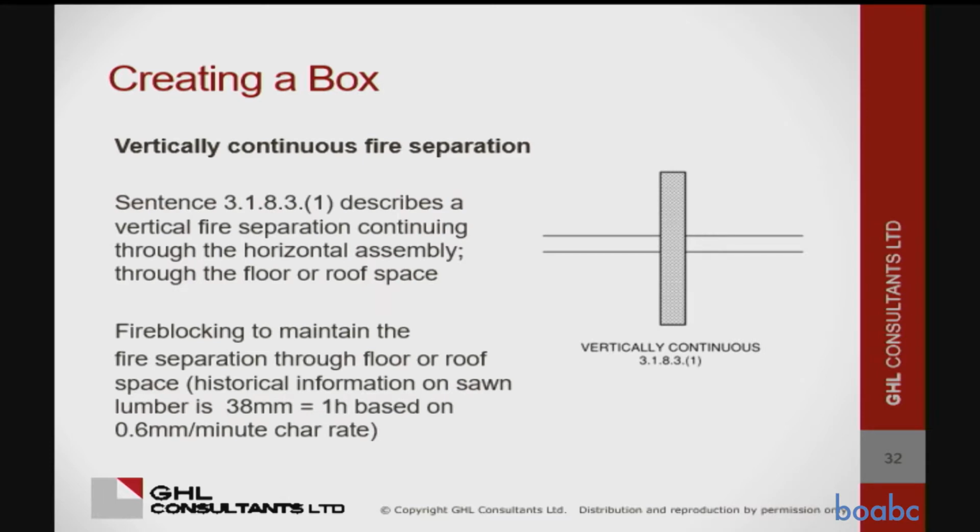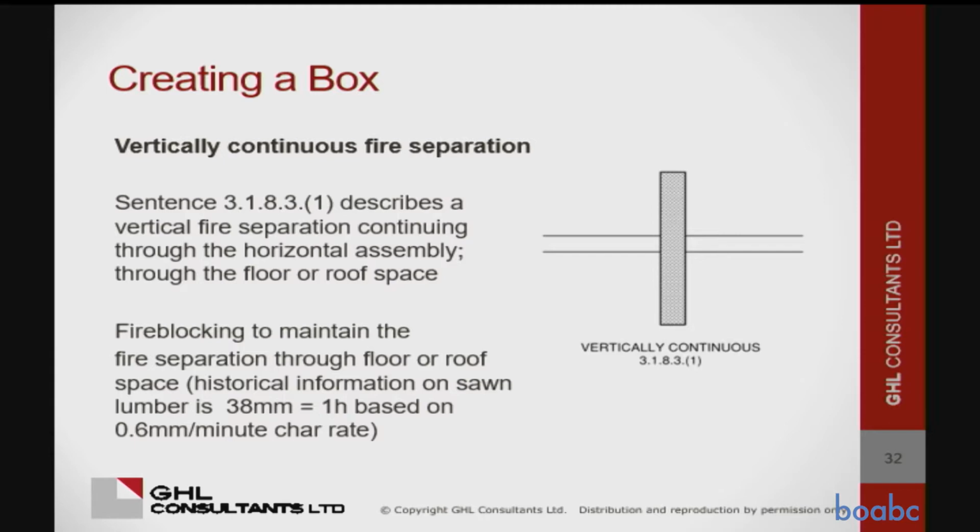So sentence 3.1.8.3.1 says a vertical fire separation has to continue through the horizontal space. And we typically use some kind of fire blocking to maintain the fire separation through the floor or the roof.